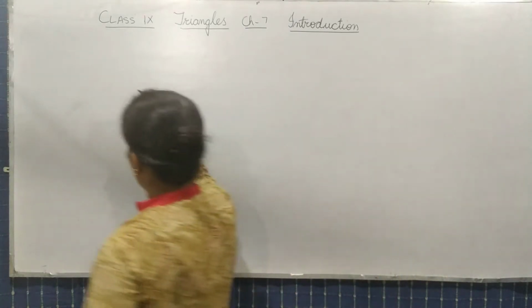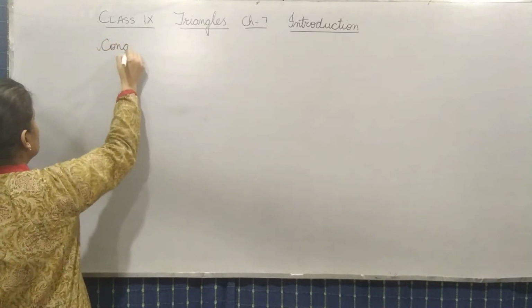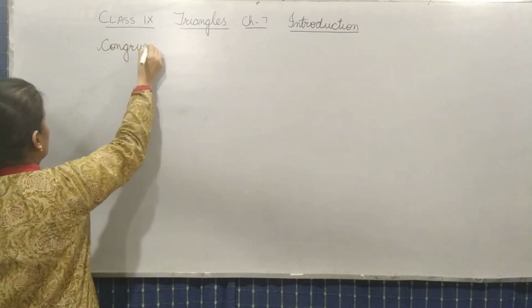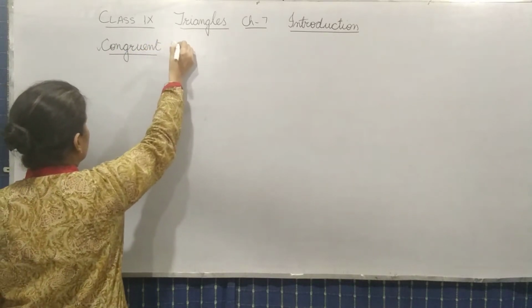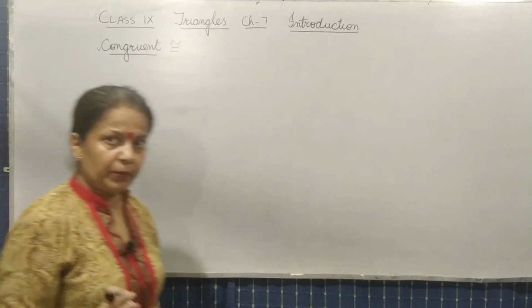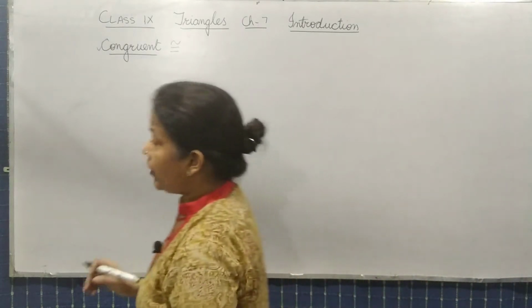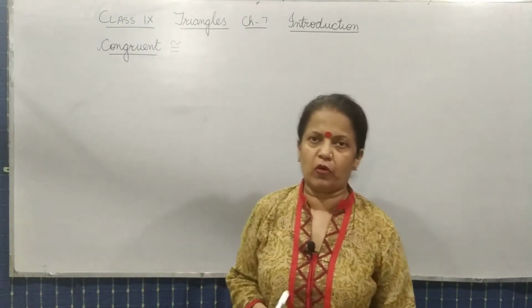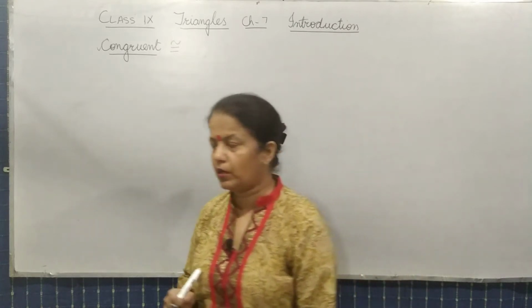Before we take further congruency, the congruent symbol is like this: two parallel lines and one wave. ये आपका congruency का या congruent figures का symbol है. There are 5 types of congruency which you will do in this chapter.